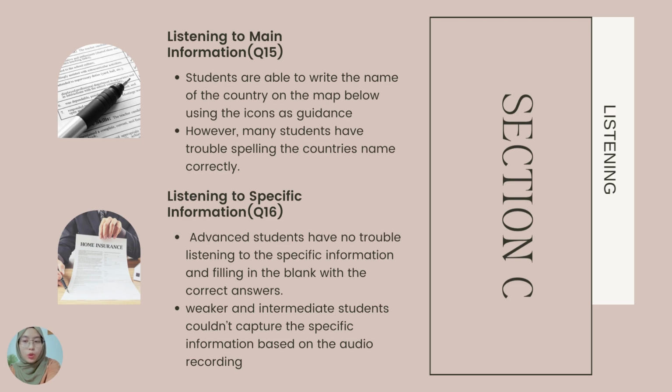Students are able to write the name of the country on the map below using the icons as guidance. However, many students have trouble spelling the country's name correctly. Therefore, for this question, teachers should have included answer choices because this section tests the listening skill and not their writing skill.